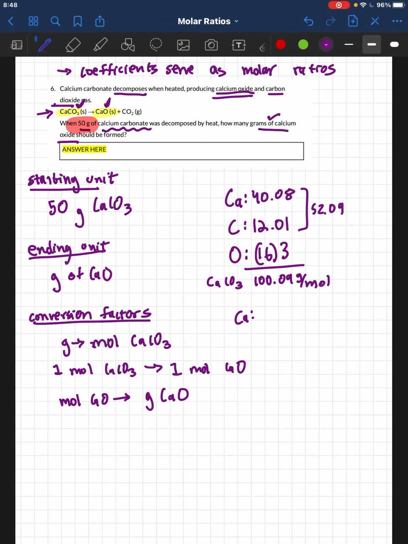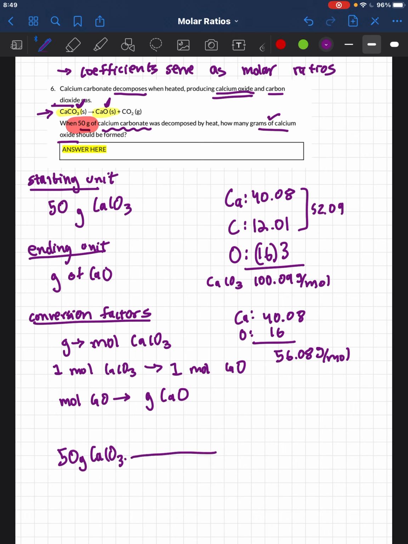For calcium oxide, I have 40.08 plus 16, which is 56.08 grams per mole.